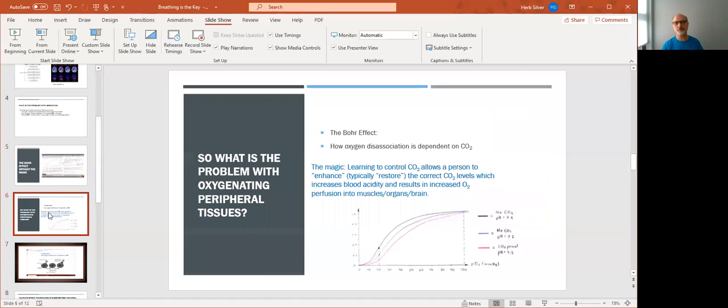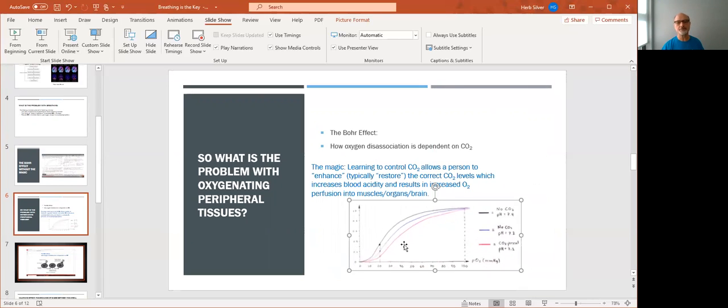And to simplify this a little bit, what we can see is that as the blood becomes more acidic and as the blood has higher levels of carbon dioxide, there's an ideal level here at around 40. I drew a line up here.